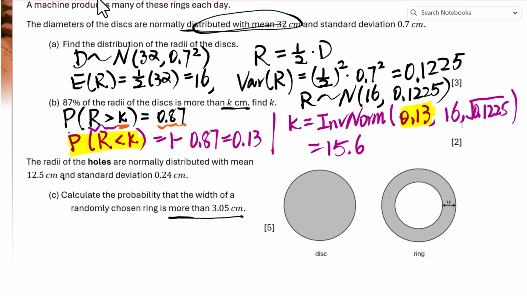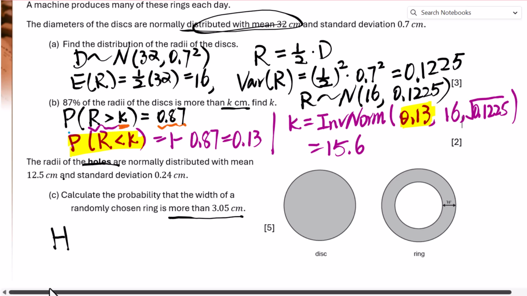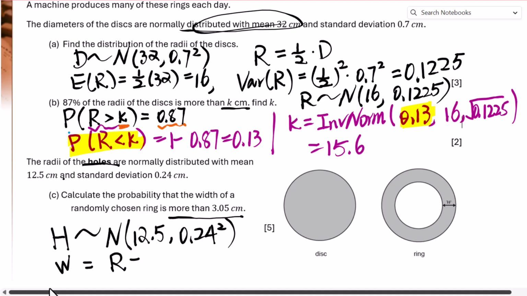Let's define this variable. The radii of the holes follows normal distribution with 12.5 as the mean, 0.24 as the standard deviation. This W as the width of this ring equals R minus H.